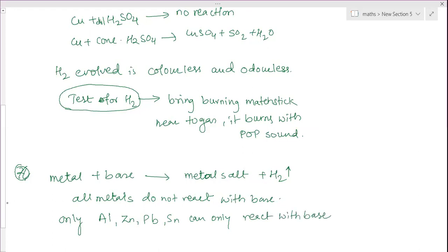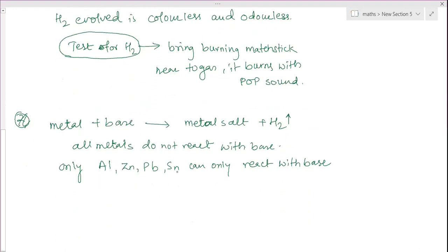These metals have the unique property due to which they react with bases to form the salt and hydrogen gas. So out of that, the first one, aluminium combines with sodium hydroxide, NaOH. It will produce NaAlO2 plus H2. What is this salt name?